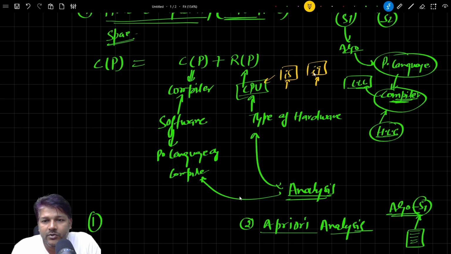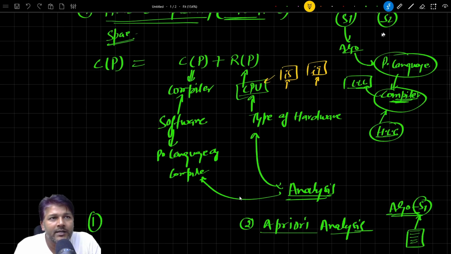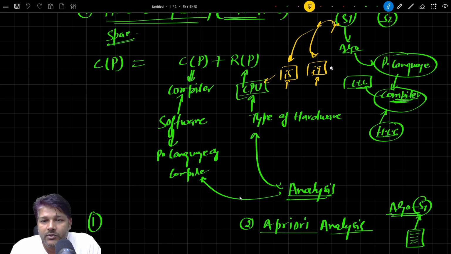Maybe i9 is going to solve x amount of instructions in a second, i5 is going to solve less than that x, right? So this is the actual difference. So whatever the solution S1 you have, if you have implemented it using some programming language, and then you run this S1 solution on i5, it is going to give you a different result compared to S1 solution on i9.